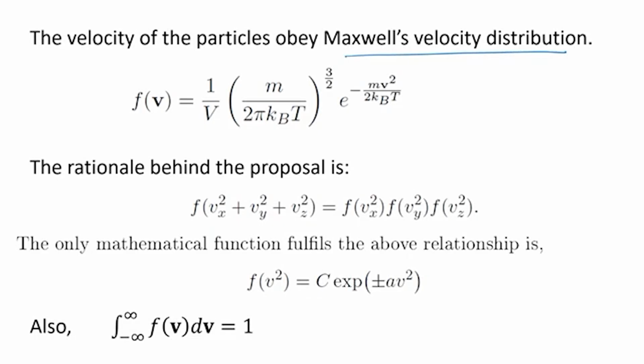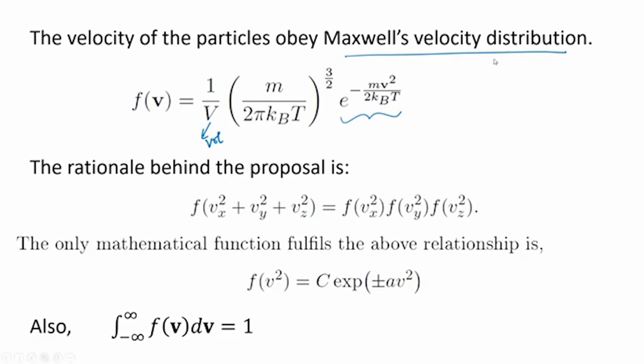Some of them are faster moving than others, and this is encoded in Maxwell's velocity distribution, who proposed that f(v) is equal to 1 by V, where V is the volume, a normalization factor, times (m by 2 pi kT) whole to the power 3 by 2, and then there is a Gaussian term, e to the power minus m v square by 2kT.